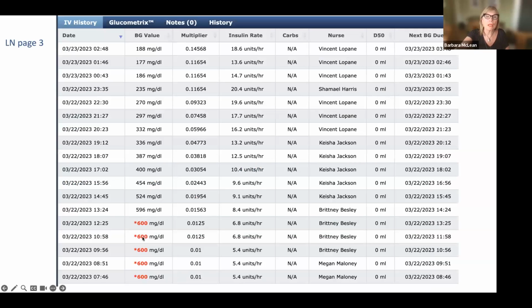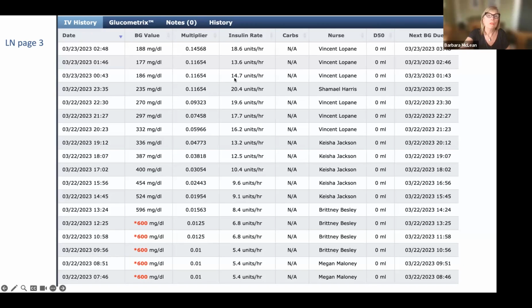Okay, so you can see here that your multiplier doesn't adjust, and it adjusts on the 4th glucose. So it went up, and it only went up mildly from 5.4 to 6.8. But then you have 2 more meter max, and now your patient comes just below meter max, 596. You're going to adjust up, and adjust up, and adjust up, until you break through that insulin resistance to 20.4.